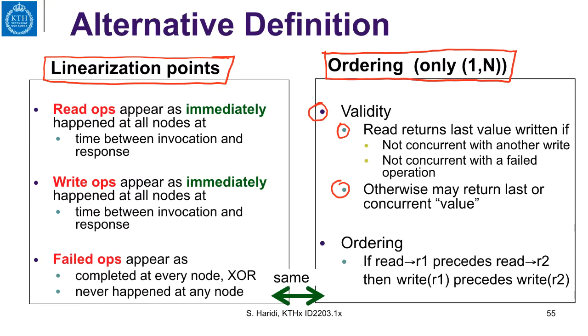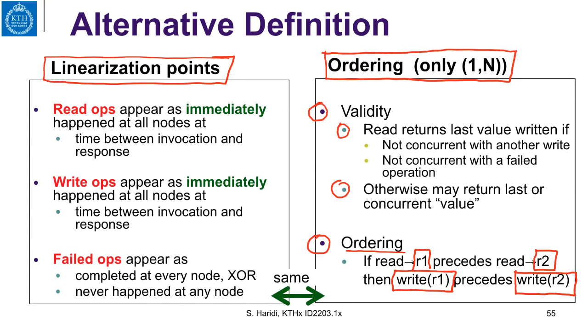We add an extra condition here, which we call ordering, and it says if a read that returns the value R1 precedes a read that returns the value R2, then we impose a condition that the write that wrote the value R1 should precede the write that wrote the value R2.